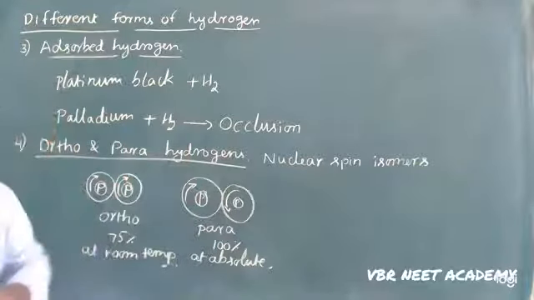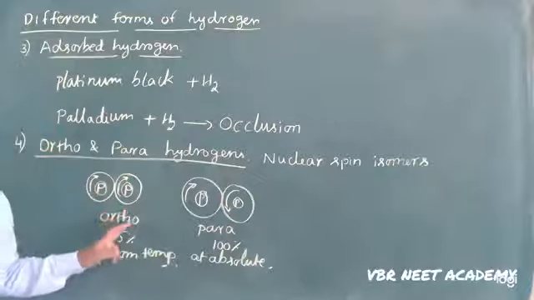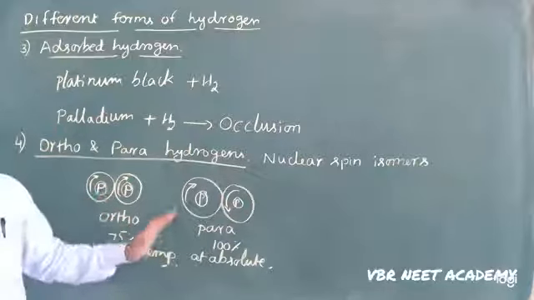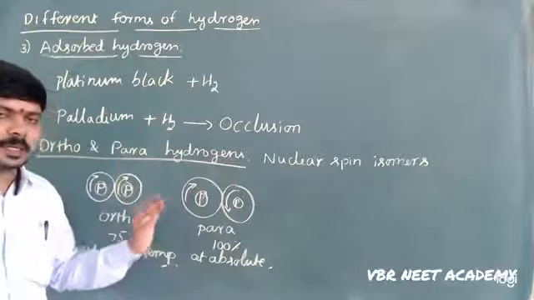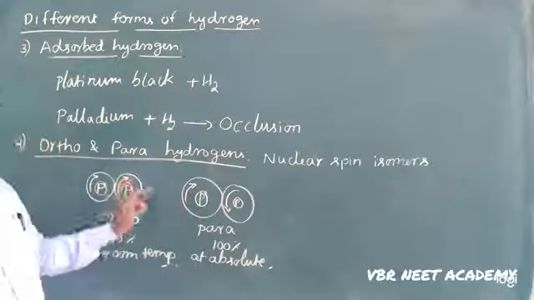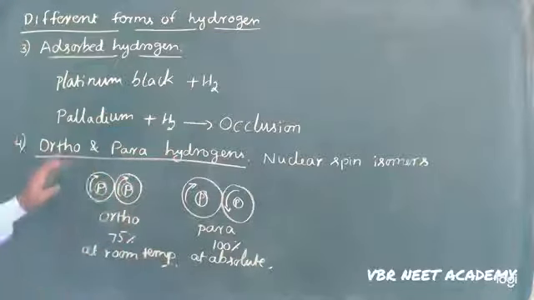That is not that important. But remember, they have ortho form and para form, which have a difference in their nuclear spin. The nuclear spin is going to be parallel and opposite. That's what we can say about the ortho and para forms of hydrogen.